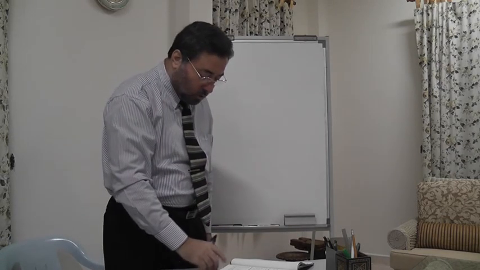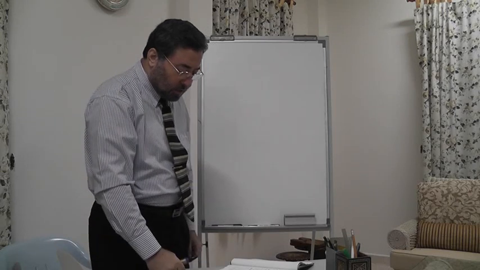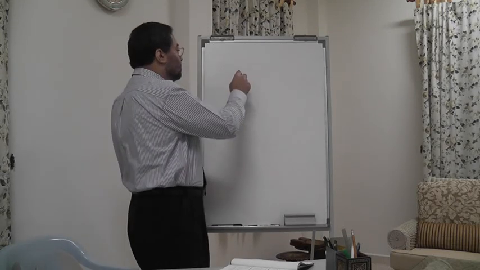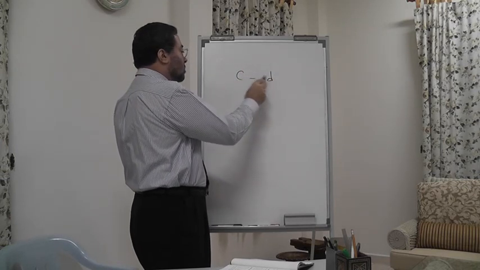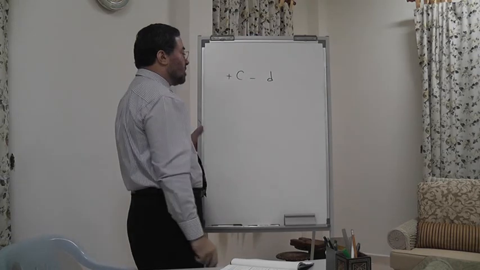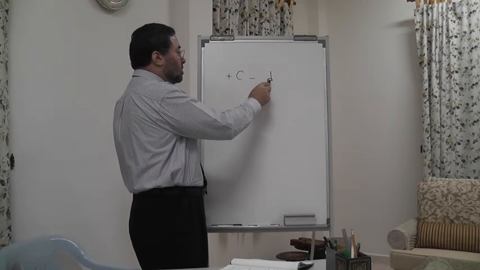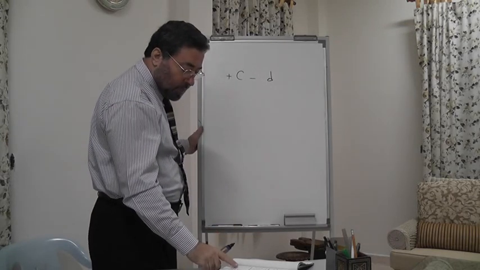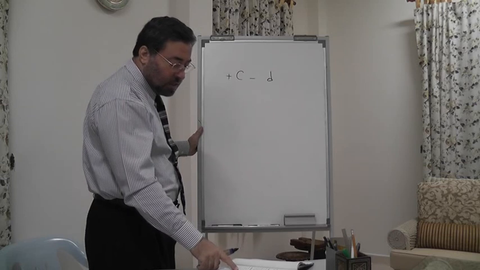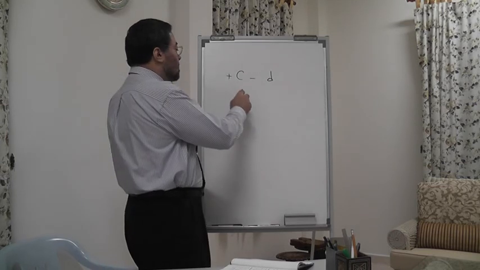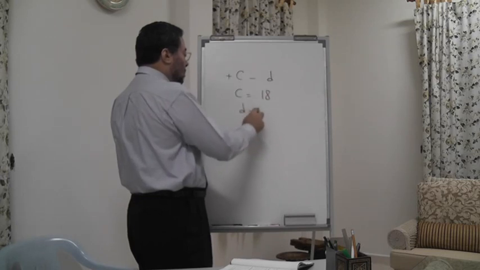Again, we do one more exercise. Number 7 in the written exercises, C minus D. Here we have two terms, 1, 2. The first one is a positive term, and the second one is a negative term. This sign belongs to the D. And we are evaluating this expression for C equals 18, D equals 3. So now we know that C is equal to 18 and D is equal to 3.